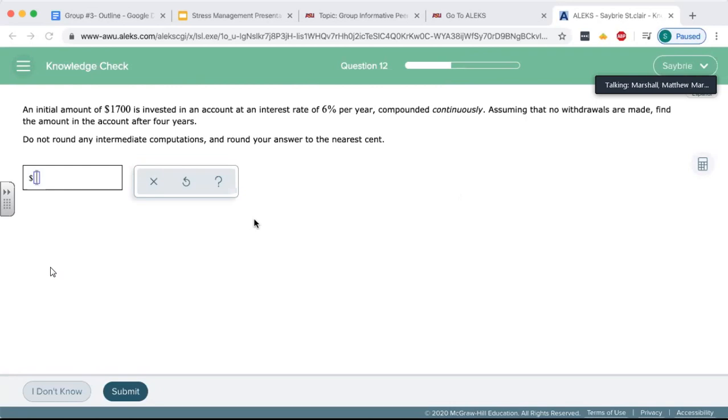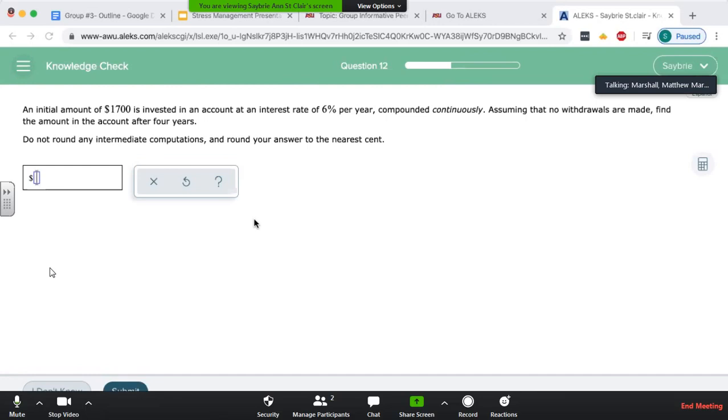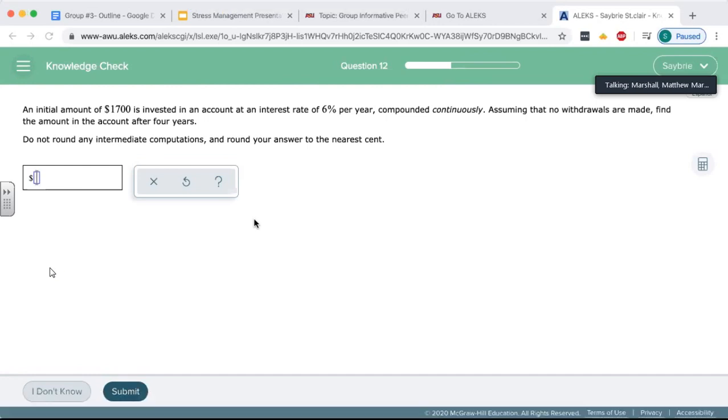Okay, so we got 1,700. We got 6% compounded continuously. How much after 4 years? All right, pretty sure this is just simple interest, I think. Let me double check.